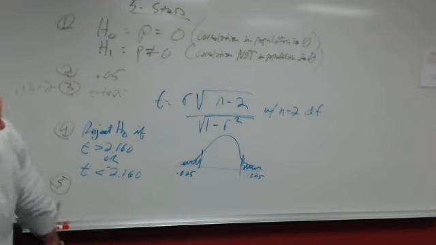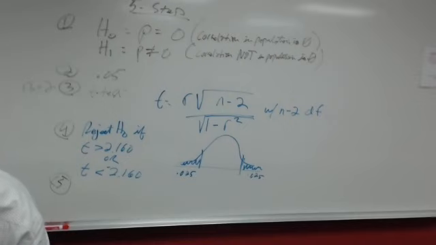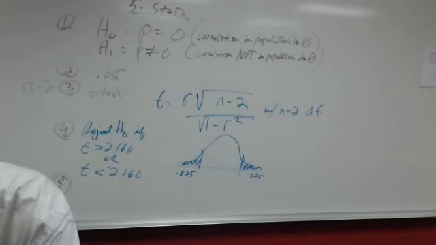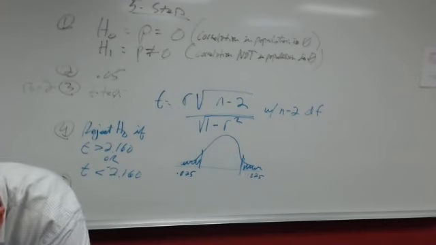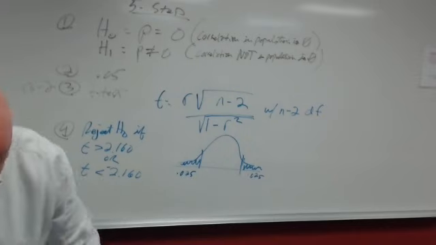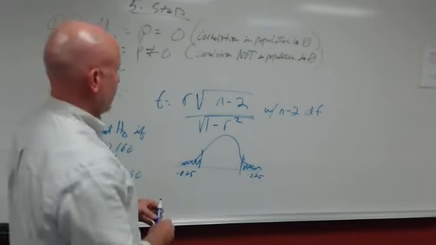All right, so first, anyone remember the correlation coefficient? 0.865. So T equals r times the square root of n minus 2, all divided by the square root of 1 minus r squared.